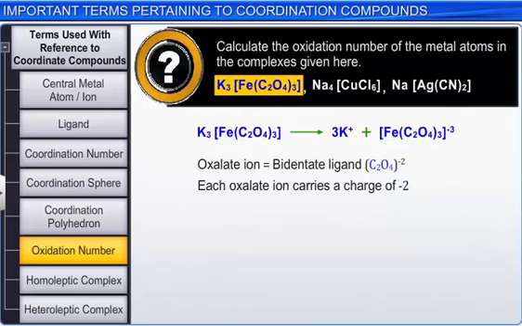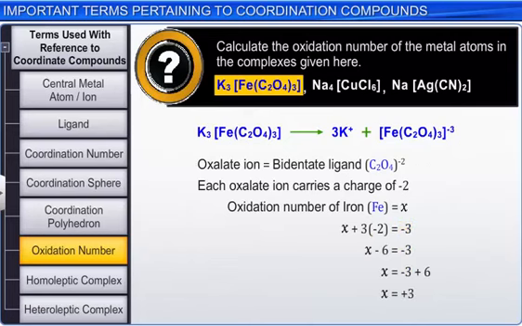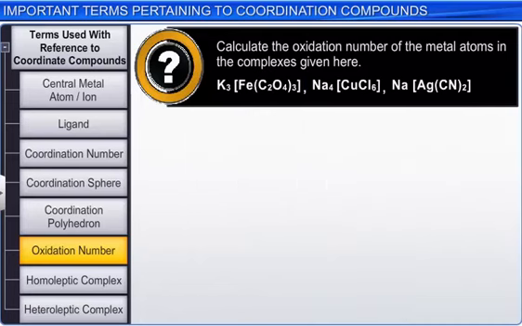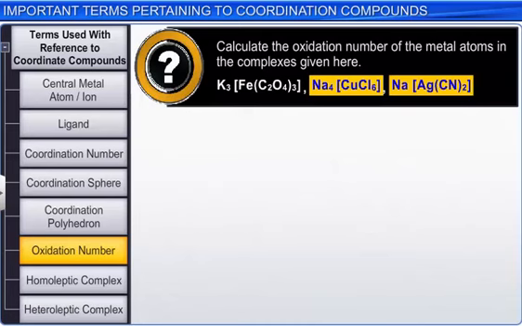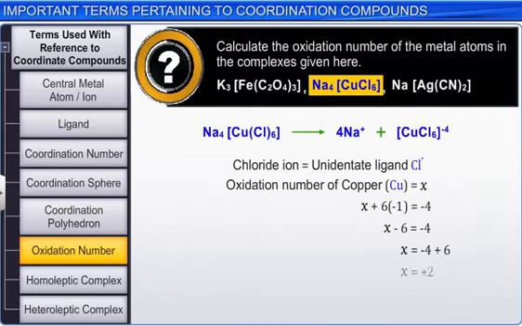The oxidation number of iron, which is assumed as x, is calculated as x + 3 × (-2) = -3. On simplification, we get x equal to +3. Hence, the oxidation number of iron is +3. Similarly, the oxidation number of copper and silver in the other two complexes are calculated as +2 and +1 as shown.